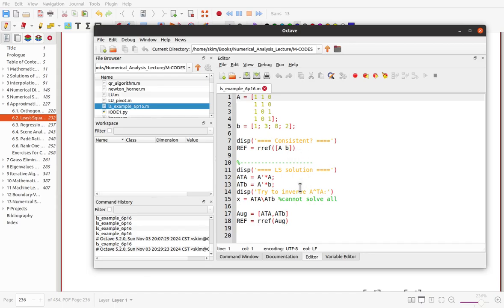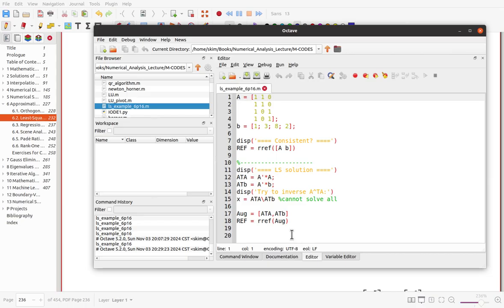Now, for the least squares solution, we form A transpose A and A transpose B, and try to invert A transpose A, then we can get a solution. But we'll see what happened.